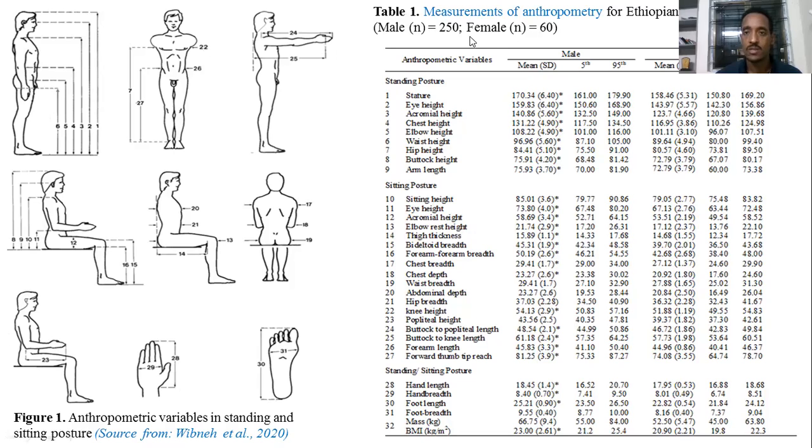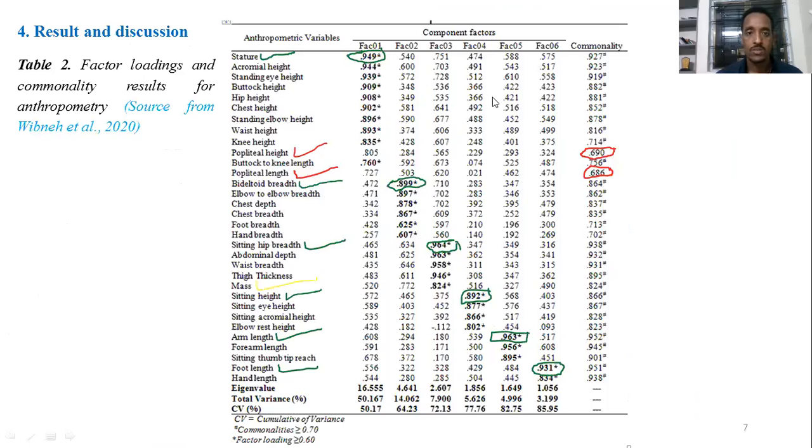So we only include male in our PCA analysis. All the 32 variables are categorized in 6 factors.